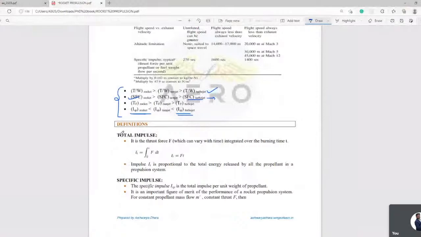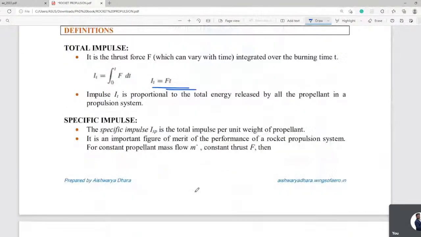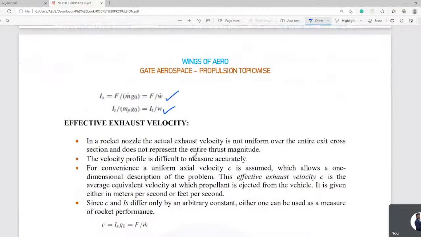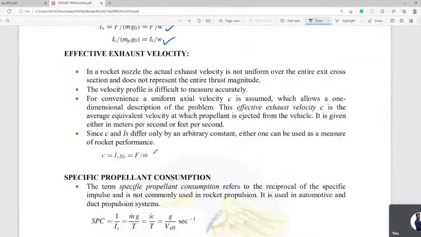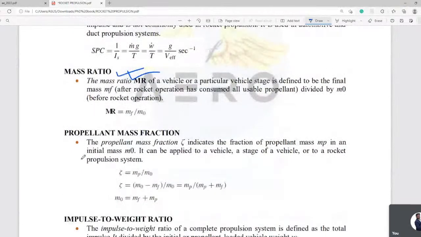And how the specific impulse and the formulas are related with one another, right? Here you can see the total impulse: how we can calculate it, what its unit is, and the specific impulse, how you can calculate it, and what the given parameters are. What is meant by exhaust velocity, how you can find exhaust velocity, and the mass ratio. Definitely one question will be coming from the mass ratio, its relation with the propellant mass. The propellant mass fraction is the propellant mass to the initial, or total, mass.